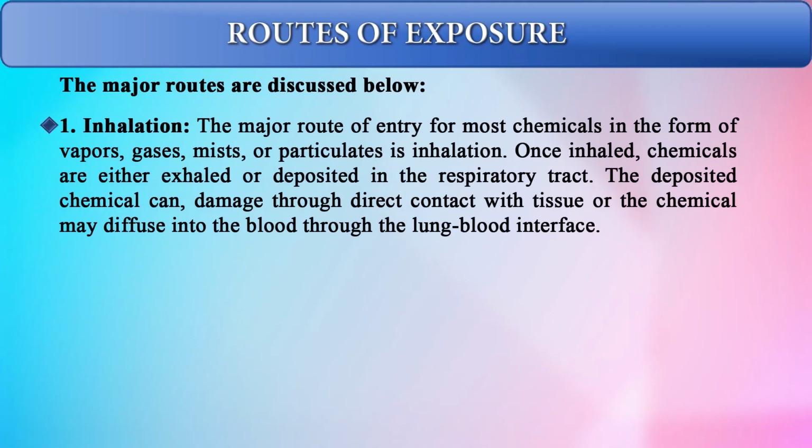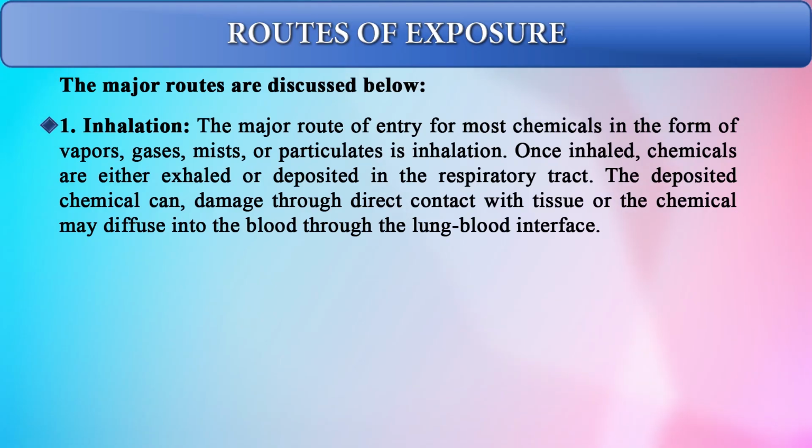Now, I will discuss with you the routes of exposure of various chemicals or toxic compounds. There are many routes by which a substance can enter into the body. The major routes I will be discussing in the next few slides or few sessions. First is inhalation.